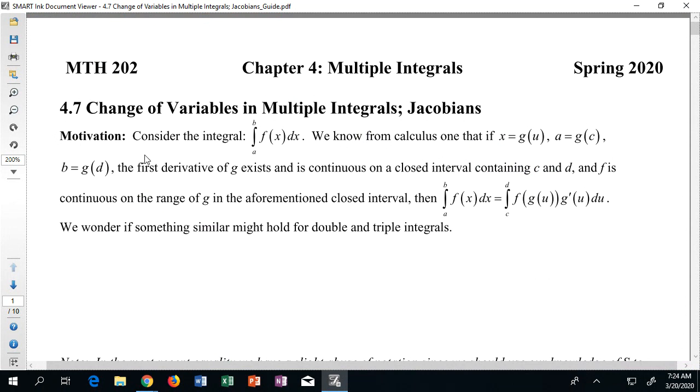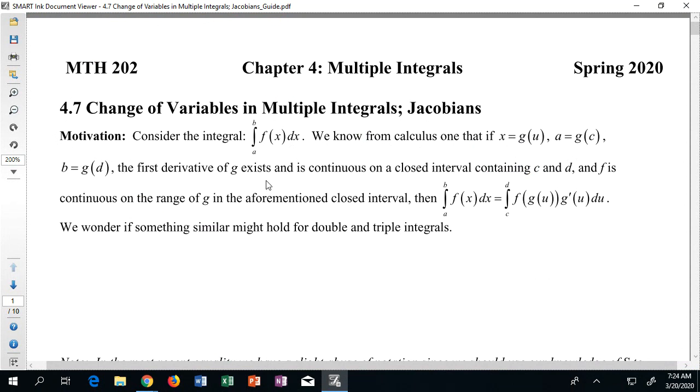Now at the top here, I briefly outline exactly what a U substitution in Calc 1 actually looked like. The idea is that if I had a particular function I was attempting to integrate, and if in place of x there was an entire function of u, and if I had my bounds able to be changed over by this function, notice my bound of a could be found by plugging in a specific value for u and calculating out that value of a, and similarly for the value of b.